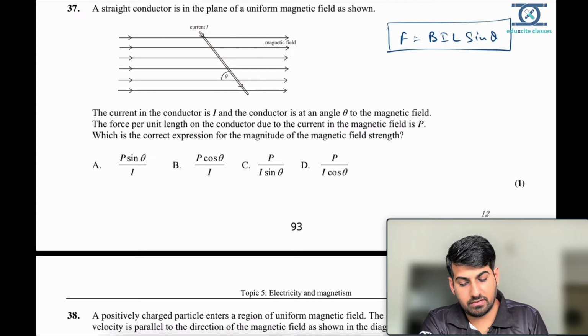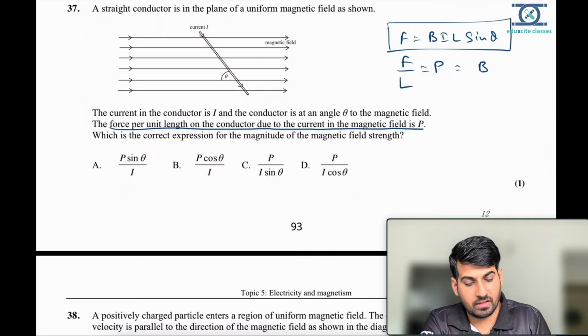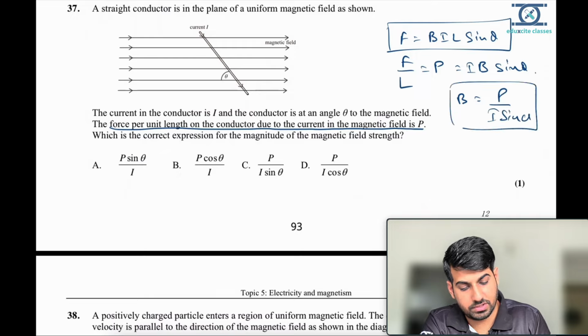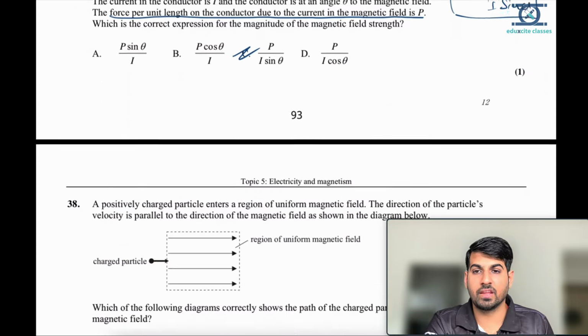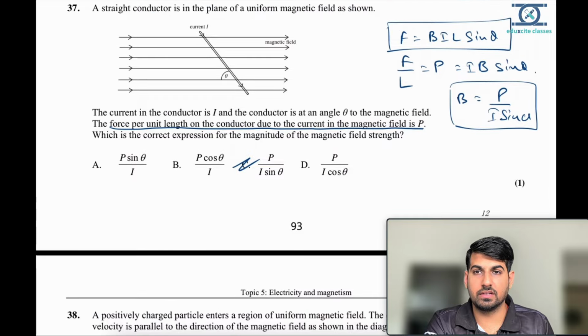Now it is given that the force per unit length on the conductor due to current in the magnetic field is P. That is, F by L is given as P. So P will be B I sine theta. So B will be P upon I into sine theta, which is option C, the right answer. Okay, I hope it is clear.